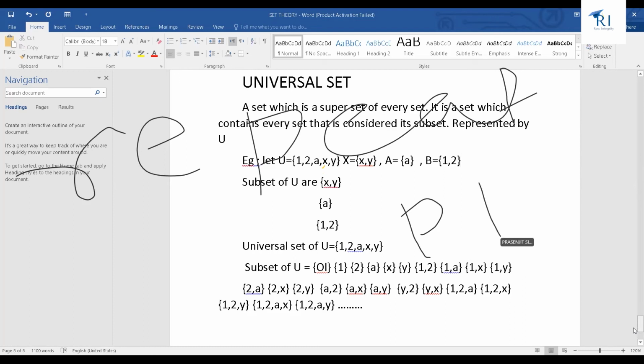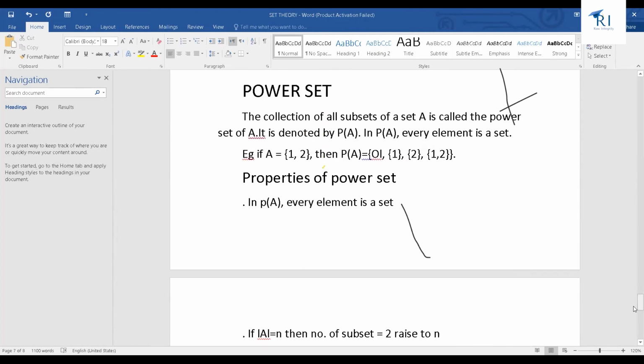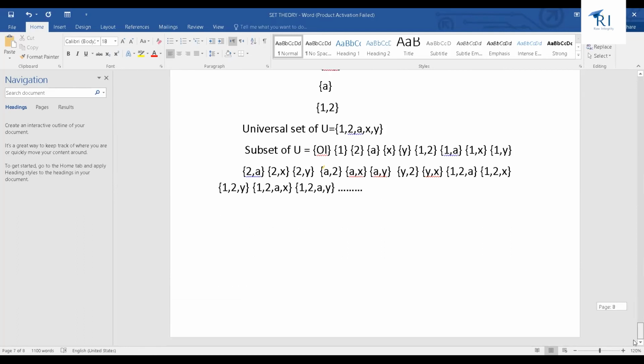Can you repeat? I think we should take a smaller example, like a set of 2 elements, and then write the proper subset, improper set. Okay, subset, and write. That is right. Okay. Like we have set A. It's 1 and 2.